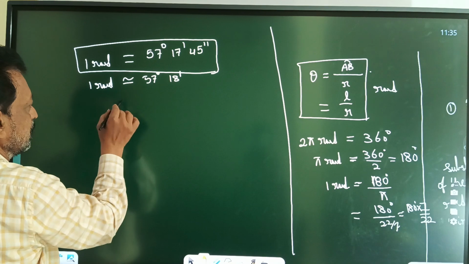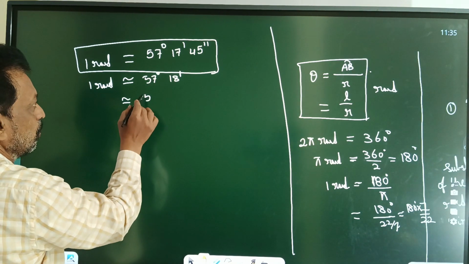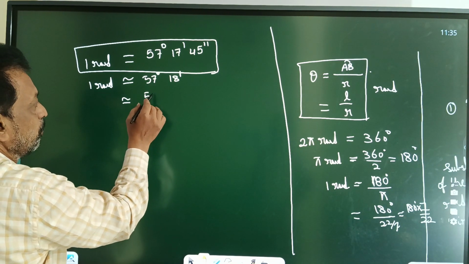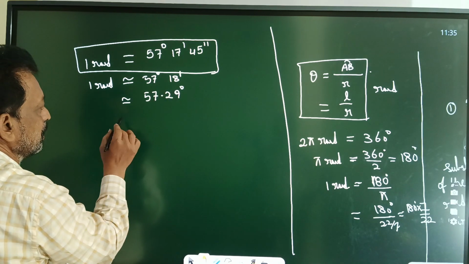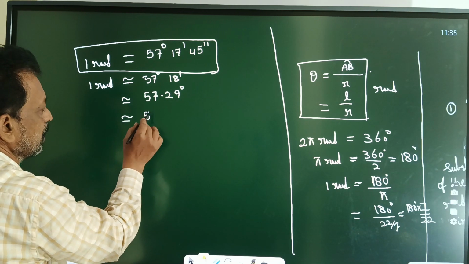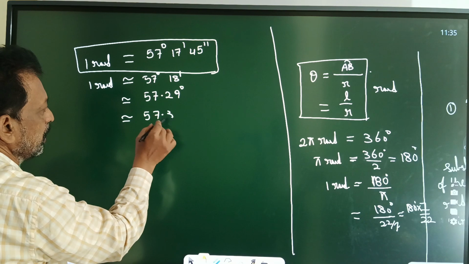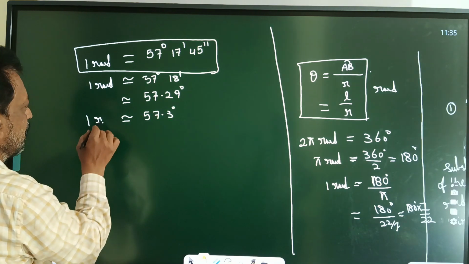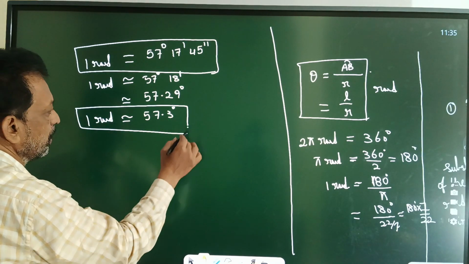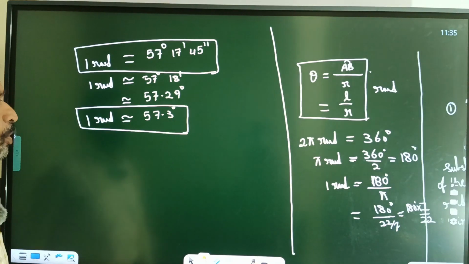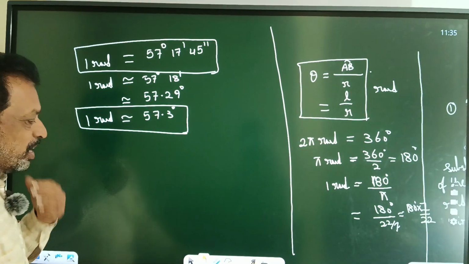Now I am going to reduce it further: 57.29 degrees, which is still approximately 57.3 degrees. So 1 rad in degree notation is 57.3 degrees. Okay, very good.